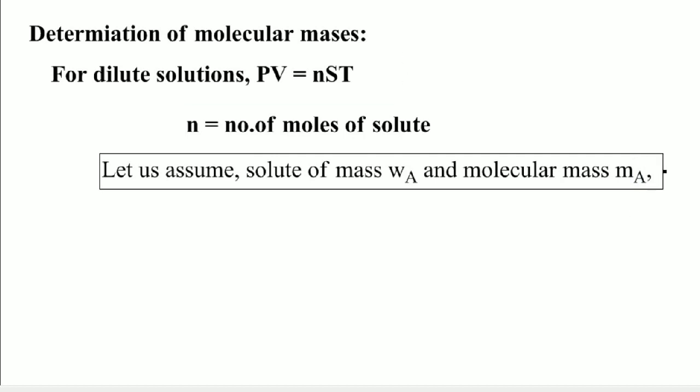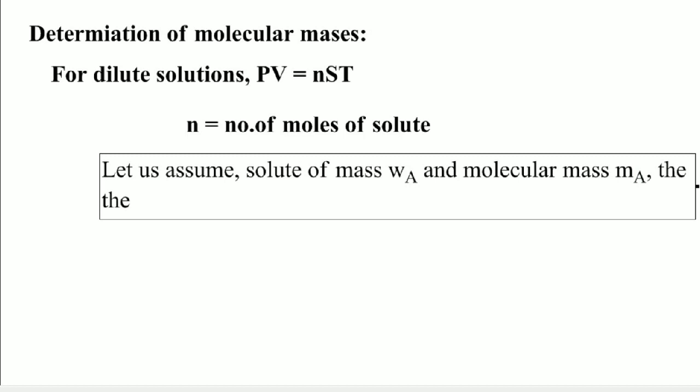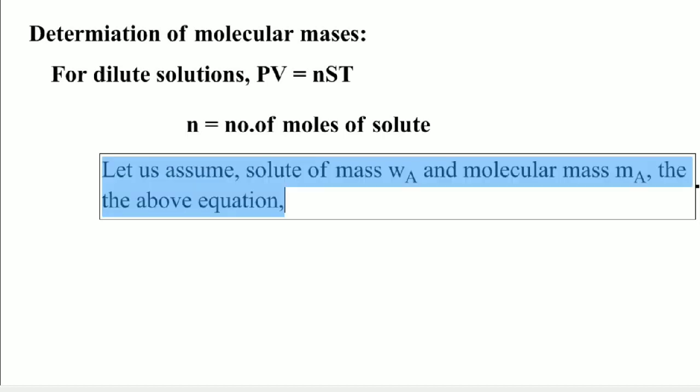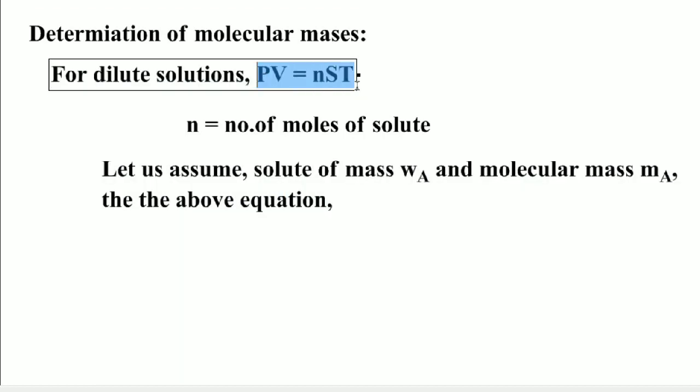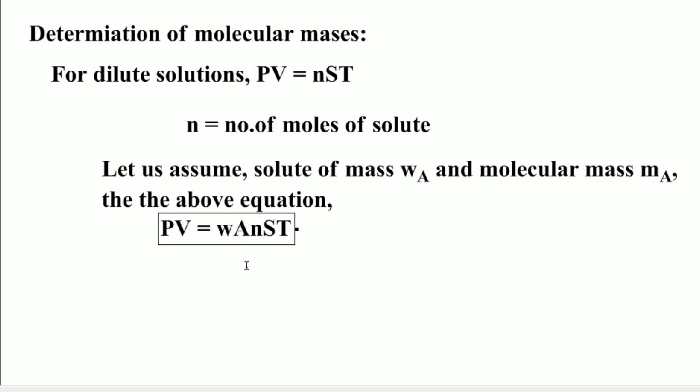Then the above equation can be written like this: PV is equal to WA by MA into ST, where WA is the mass of the solute and MA is the molecular mass of the solute.